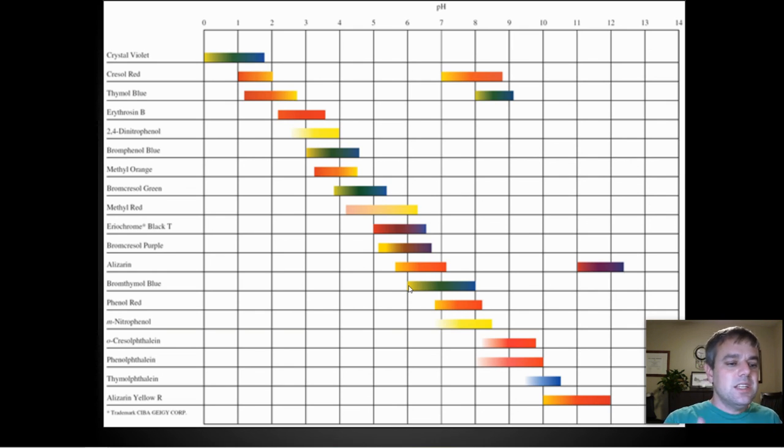So it's like, well, when did the color actually change? It's a little bit more ambiguous if you're trying to do a titration. Cresol red goes from red to yellow down here, and then it goes from yellow back to red again. These are just some examples of indicators that could be used.